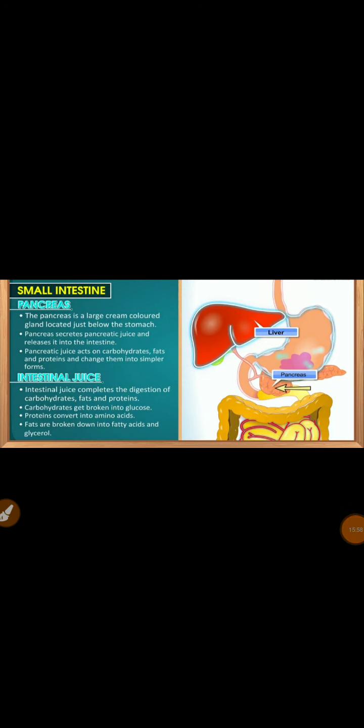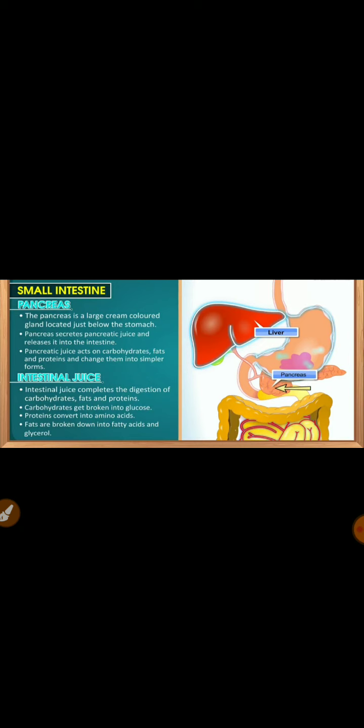Now if I talk about intestinal juice, it completes the digestion of carbohydrate, fats and protein. पूरा digestion हो जाता है intestinal juices के through, and carbohydrate convert into glucose, protein into amino acid and fats into fatty acid and glycerol. So all get converted into simpler form so that our body would be able to take nutrition from them.